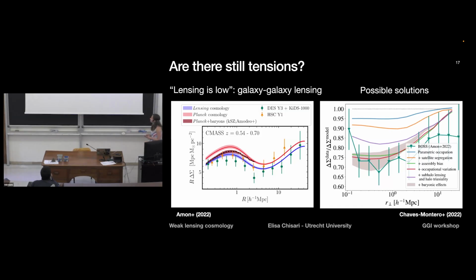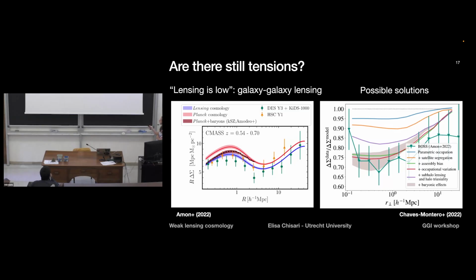There are possible solutions. Already Emmanuel yesterday talked about the role of baryonic effects in suppressing the power spectrum at small scales. This is partly what we think is going on, but he showed that that only gets you halfway. If you really want to increase the suppression and match the data, there are many things that could be going on.